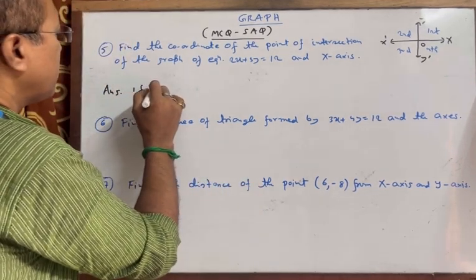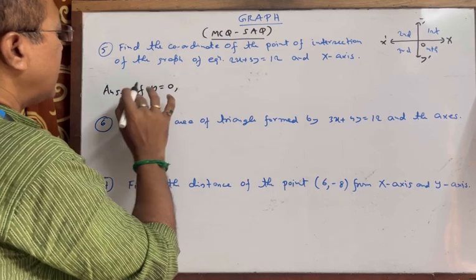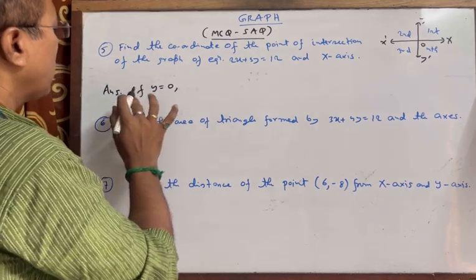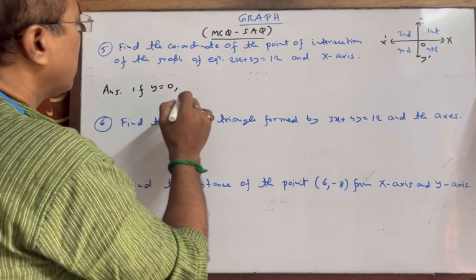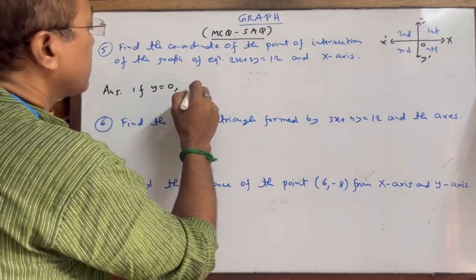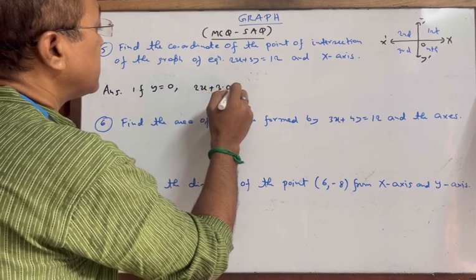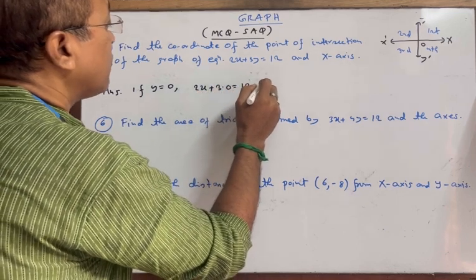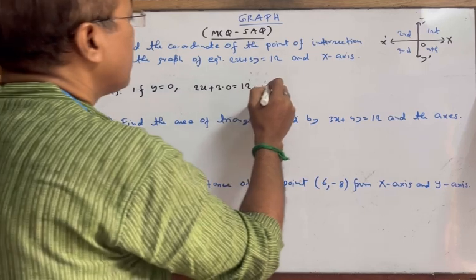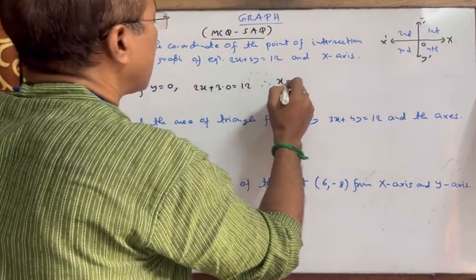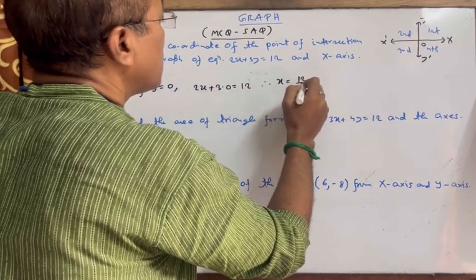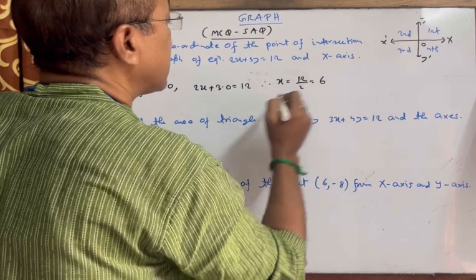If y is equal to 0, 2x plus 3 into 0 is equal to 12. Therefore, x is equal to 12 by 2, that is 6.